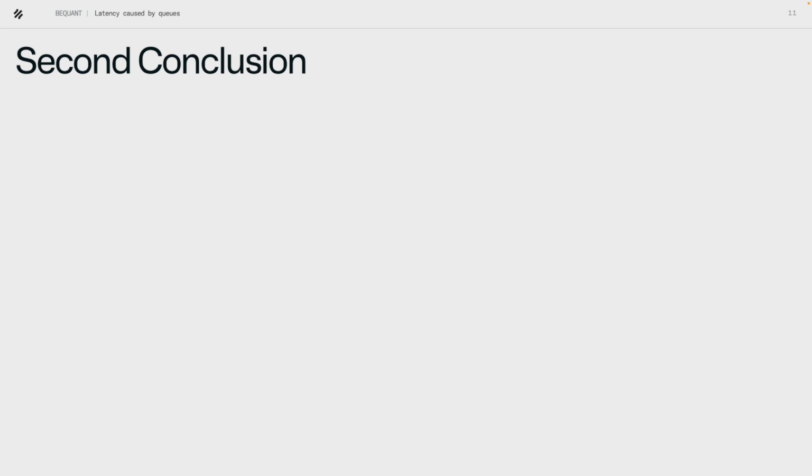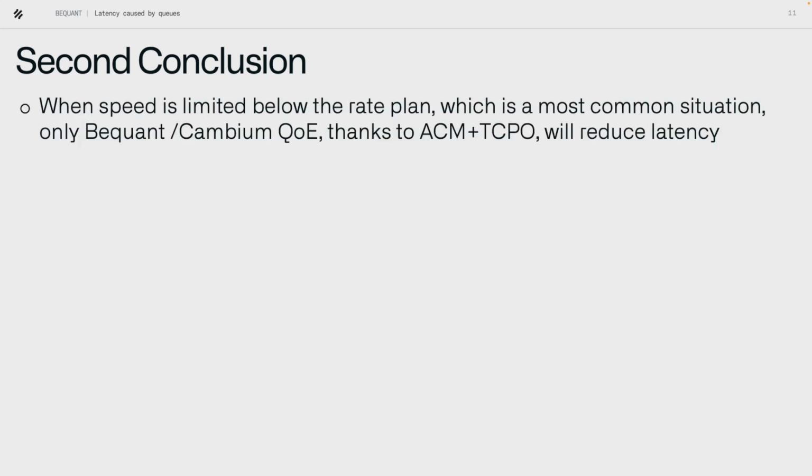Second conclusion. When speed is limited below the rate plan, which is quite typical, I imagine how many Wi-Fi routers are out there that cannot sustain the rate plans that your users may have. Or even if they can, when those are congested with a lot of traffic, or someone is far from the Wi-Fi router. As I say, a very common situation.